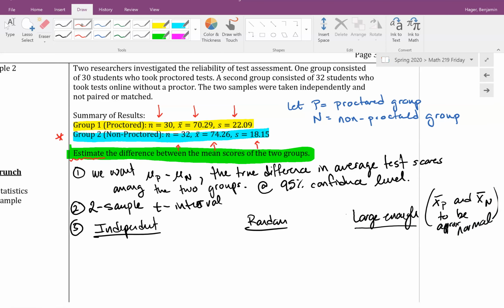So independent, well, we can use the 5% rule because n equals 30 is less than 5% of all students that take a proctored exam. And same for the other one, n equals 32. Well, in the world there are many students taking non-proctored exams, so 5% is a very small sampling of those.